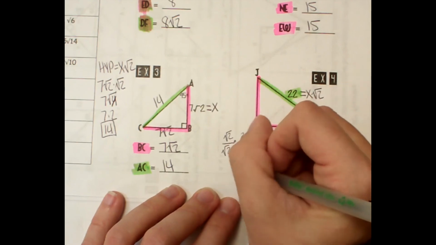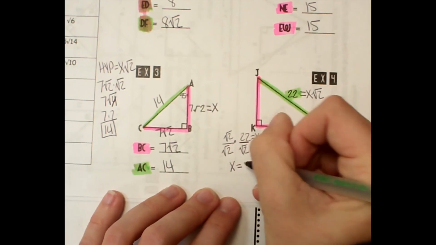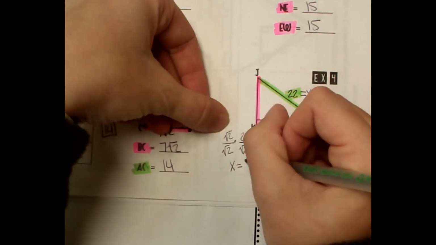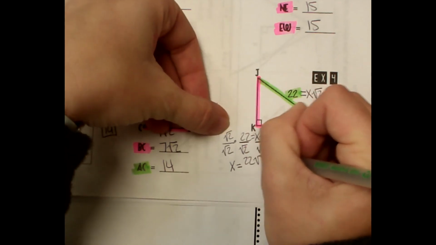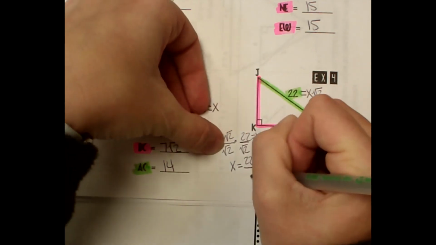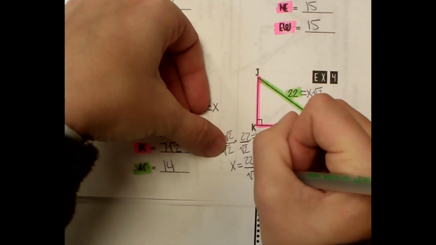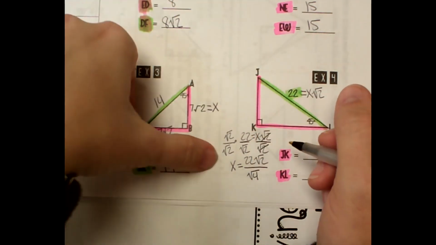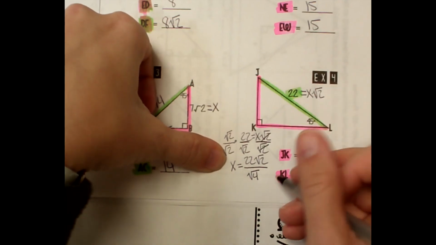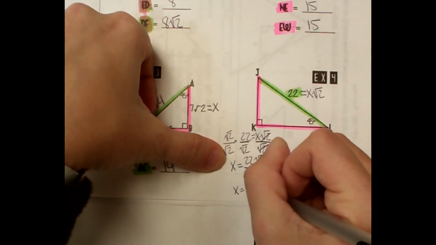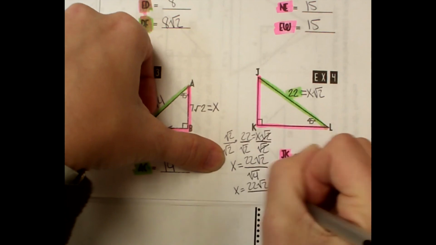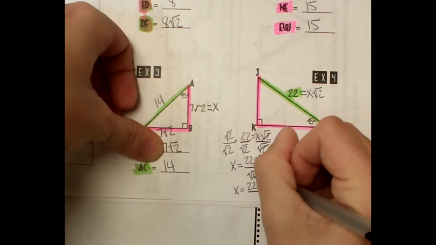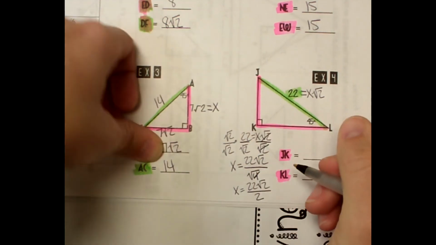So if we rewrite, I like x on the left, so I'm going to rewrite it over here. We get 22 times the square root of 2 over the square root of 2 times the square root of 2, which is the square root of 4. So when we simplify some more, we get that x equals 22 square root of 2 over 2, because the square root of 4 is 2.